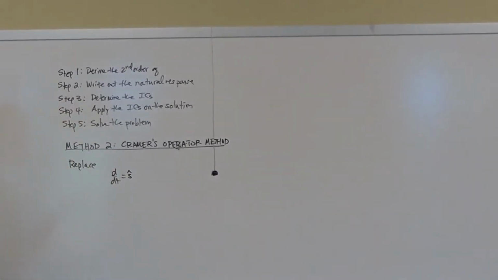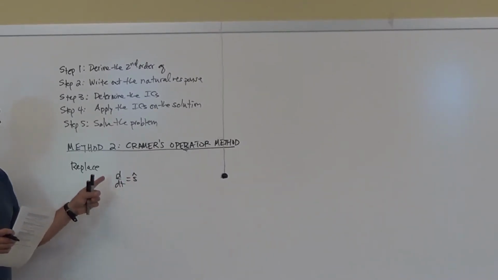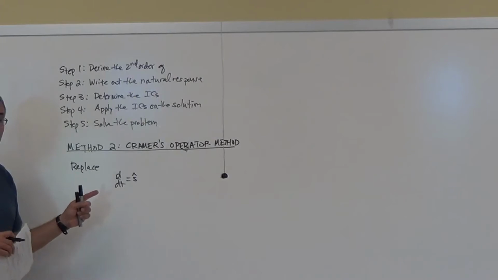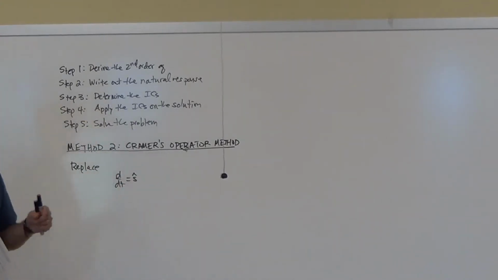Now note, the book does not use s hat. It's what I do. Because if you look at the book, it continues to use s for the solutions to the natural response.